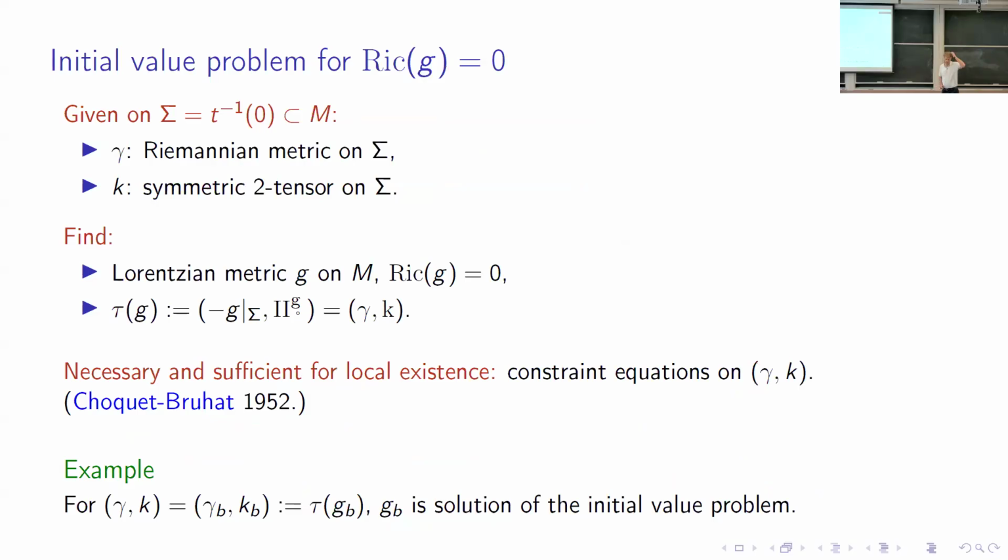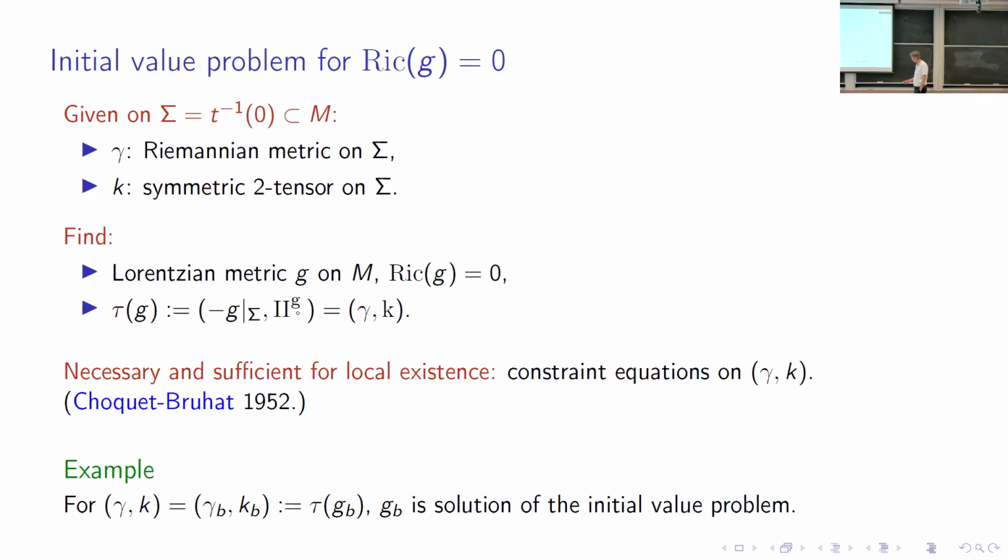So the initial value problem, we have seen this before, so I think I can be very quick on it. What you give yourself is a Riemannian manifold with some symmetric two-tensor, and we are looking for a Lorentzian manifold M. So sigma should be a slice of it, which is flat.